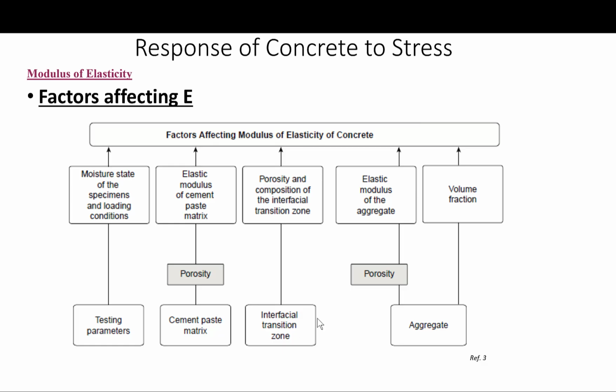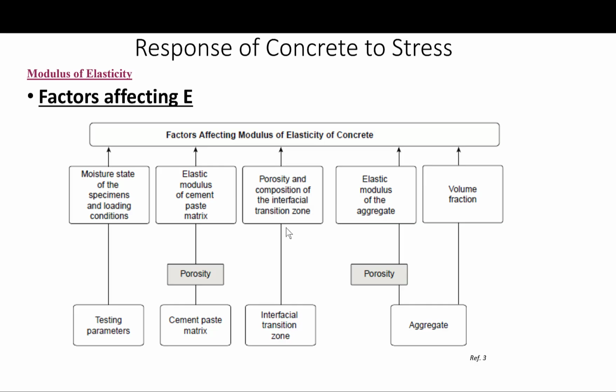We saw that some models that predict the modulus of elasticity of concrete do not rely on just the two-phase model, aggregate and paste, but also consider the interfacial transition zone. The properties of this zone, which are basically the porosity and the composition of the interfacial zone, will also affect the modulus of elasticity of concrete.